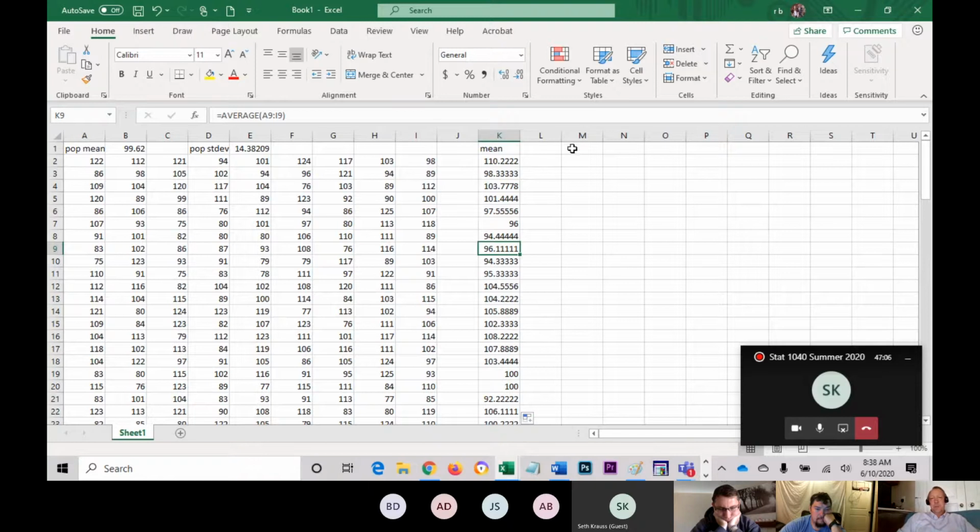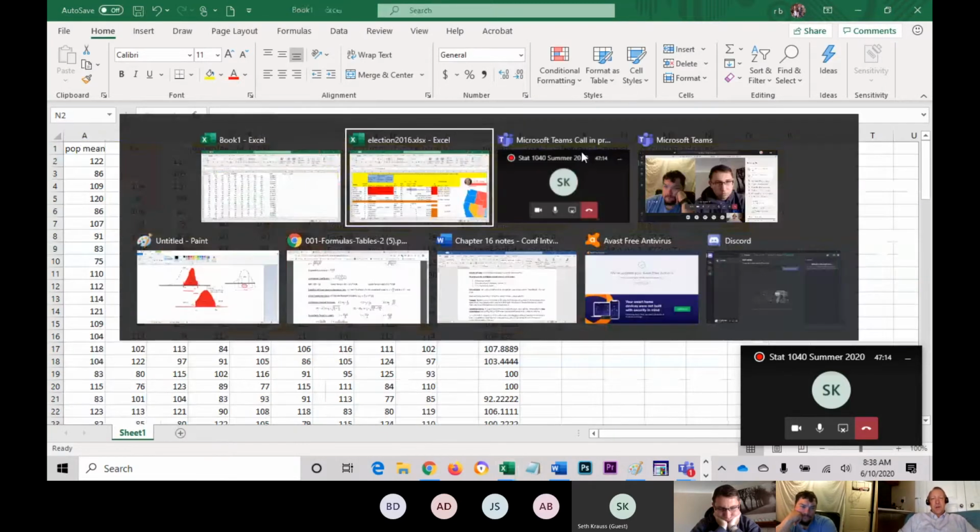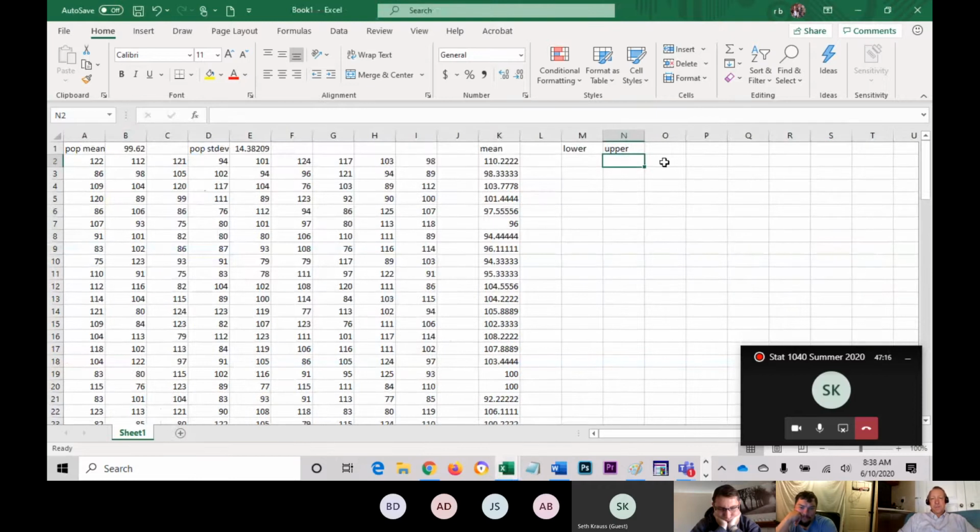The idea here is I want to create a lower limit and an upper limit. Now, the question I have for you before I calculate this, is this quantitative or categorical data?